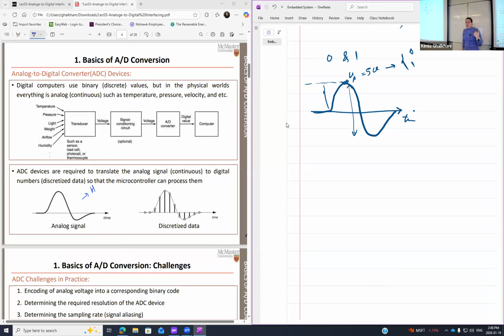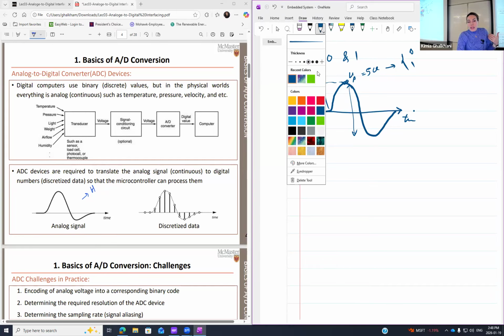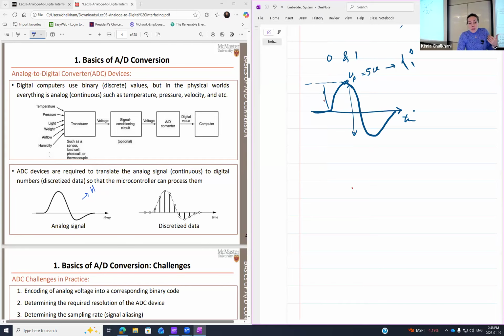analog to digital conversion. So what does that mean? If I'm having the same signal right in here, let me draw it. Let me give you some graphics in here. It simply means I'm going to have a very similar time axis in here, and I'm going to split this into different portions like this. I'm not going to get rid of any portion of it. I still include all of them.